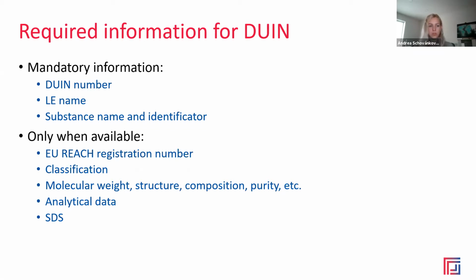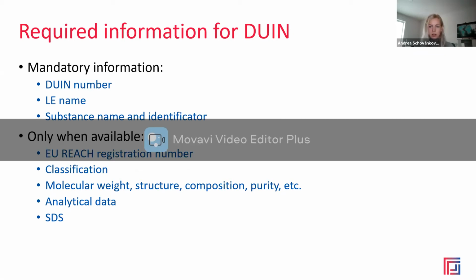It's also possible to just attach the SDS to your spreadsheet when you're sending it to the agency, and it can be an easier way for you to provide them the data.